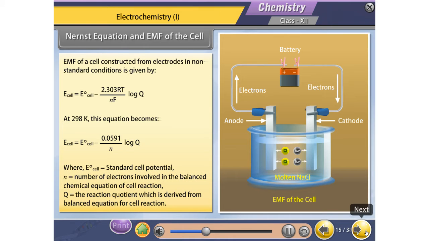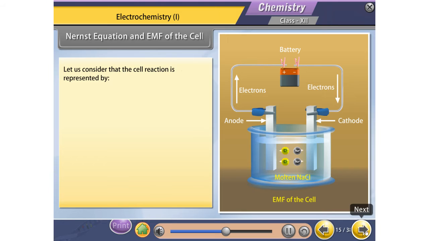Here, E naught cell is the standard cell potential, n is the number of electrons involved in the balanced chemical equation of the cell reaction, and Q is the reaction quotient, which is derived from the balanced equation for the cell reaction.